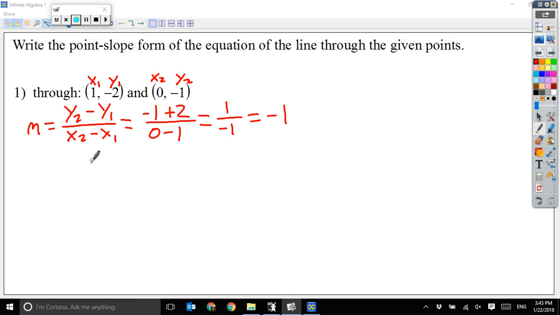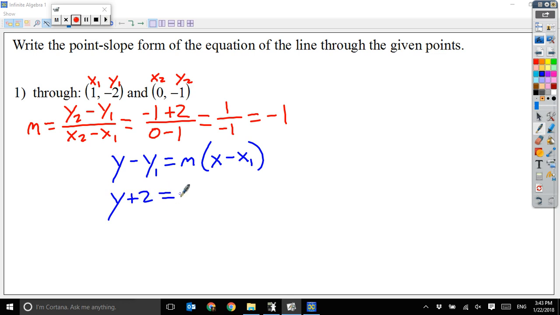And if I plug into my actual point slope equation, y minus y1 equals m x minus x1. So y minus y1 is negative 2, so plus 2.